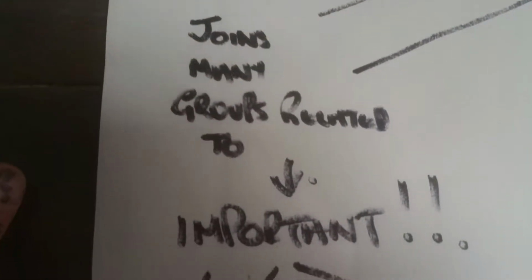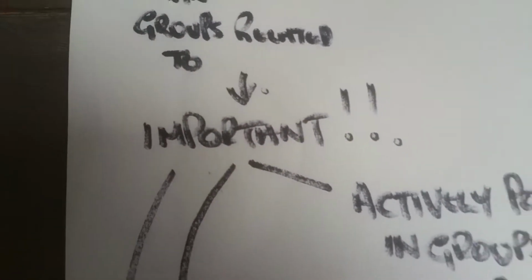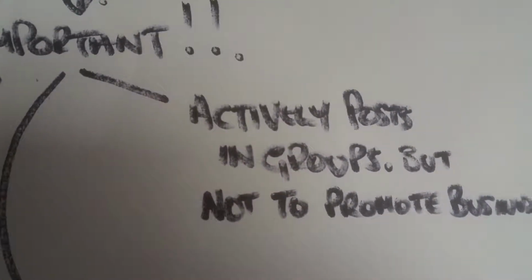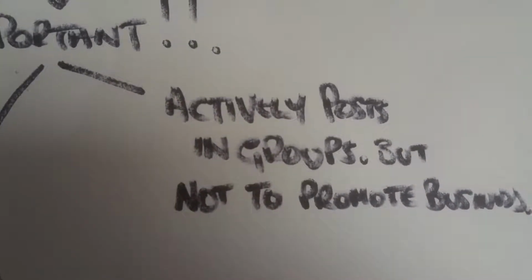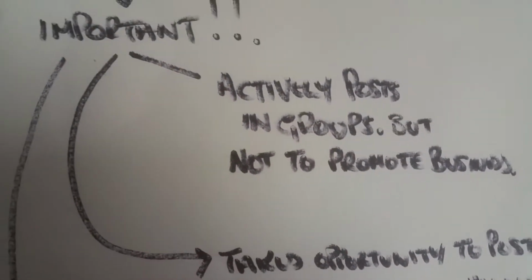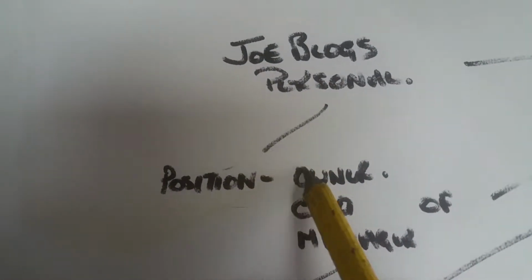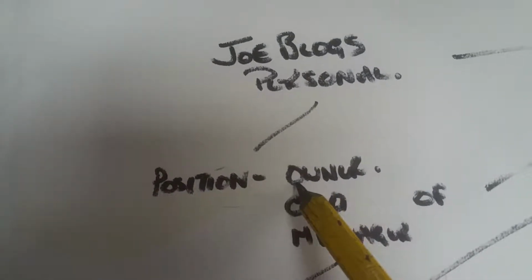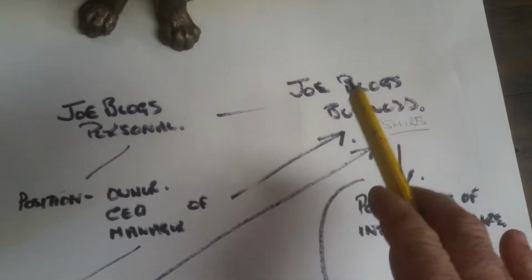So now he's joined all these groups and he's been accepted, and what he needs now to do is he needs to actively post in all of those groups but not promote the business. And what will happen is people's curiosity will drive them back to look at his profile, and they will see that he's the owner of, and because he's set up his profile correctly, it will link back to his business.